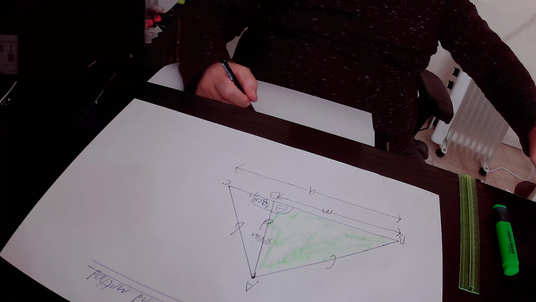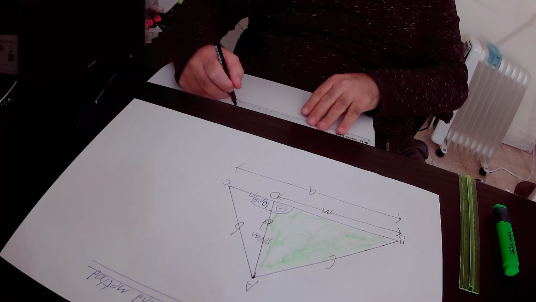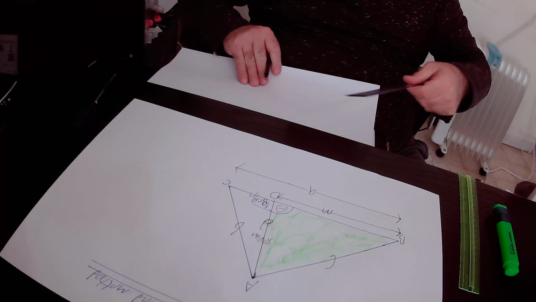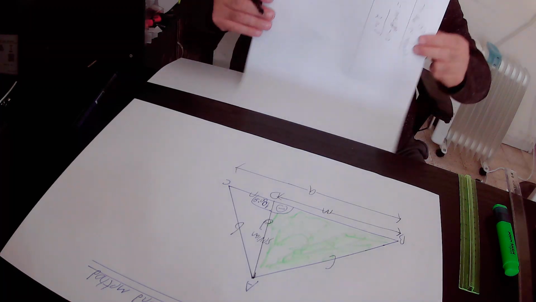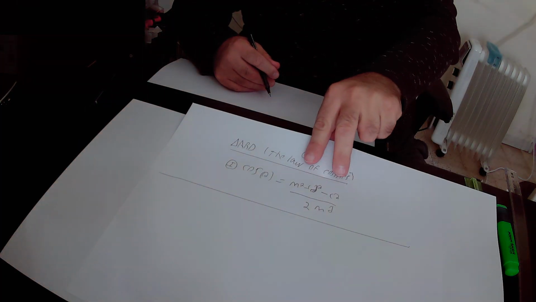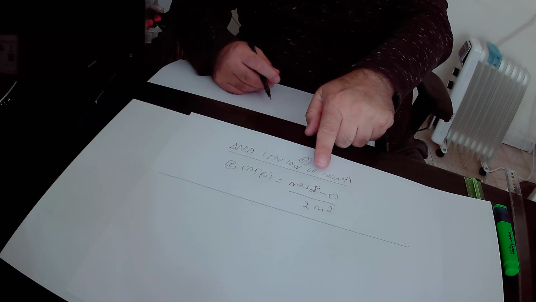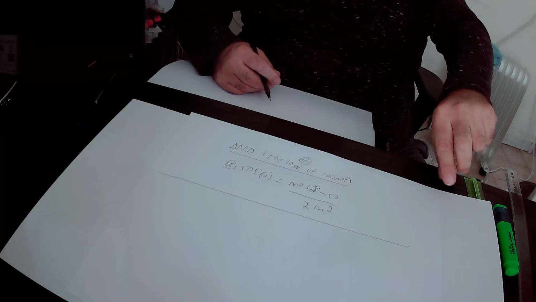Repeat again, in the green triangle, triangle ABD, according to the law of cosines, we get that cosine theta, this is equation number 1, cosine theta equals m square plus d square minus c square over 2 times md.